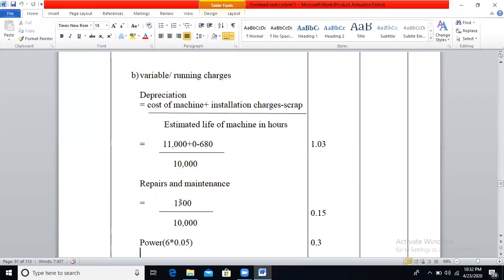So take the value of repairs 1500 divided by estimated working life of machine in hours. Each expense will be calculated separately. Separate overhead rate will be calculated for each machine expense. So repairs is 1500 divided by 10,000, and if you calculate, you will get 0.15.